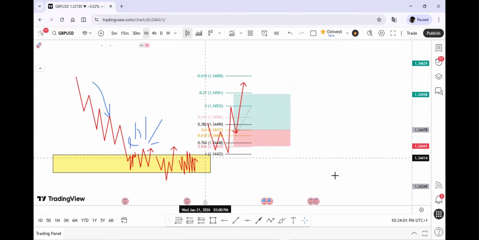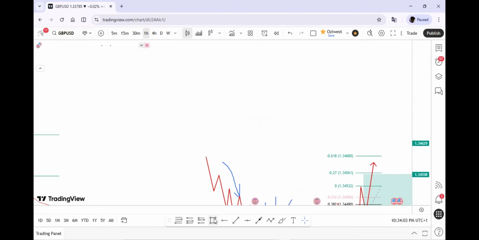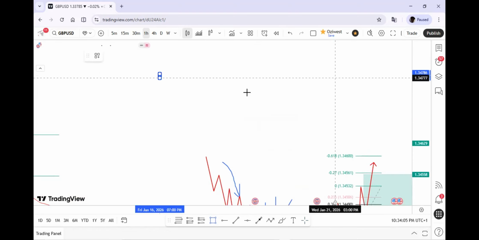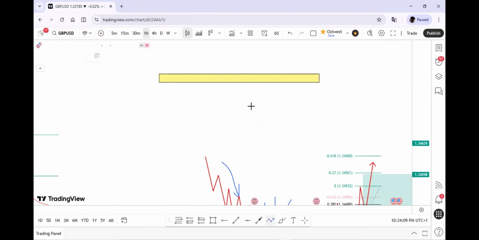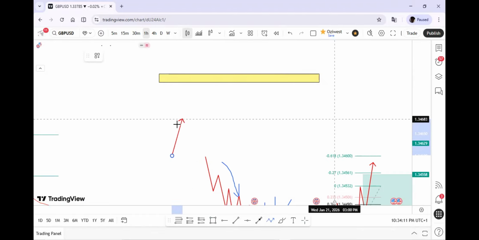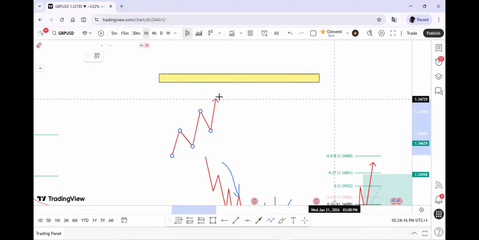Now for resistance, let's do a resistance example here. Say price is coming from an uptrend. We have our resistance there. This is the 4-hour time frame.